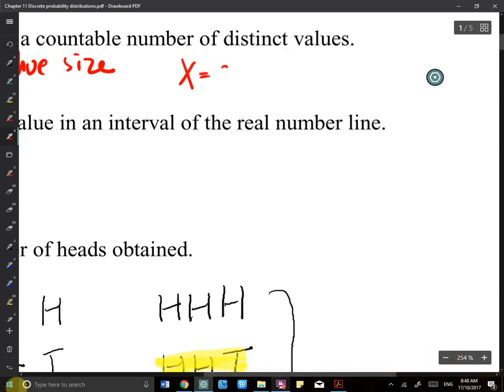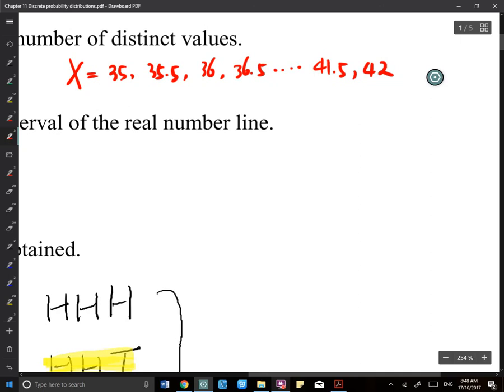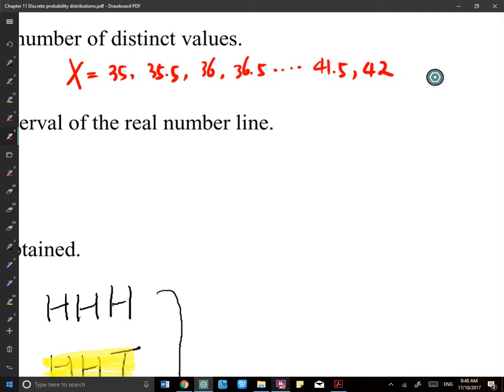X could take 35, 35.5, 36, 36.5, up to 41.5, 42. It's quite a lot of numbers, but I can list them. I'm just too lazy to list them out, but I can list them and count how many there are. This is still a discrete random variable because I can take countable numbers. For the x, I can count it.